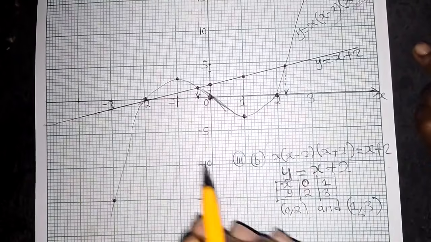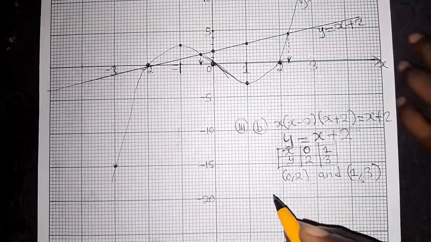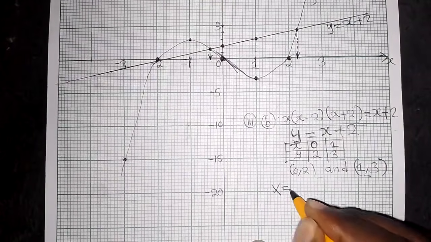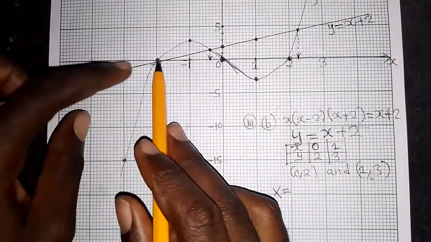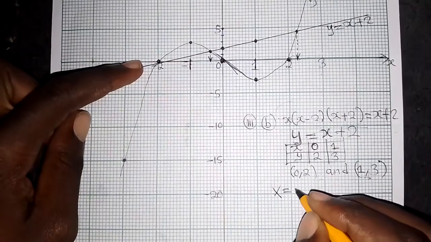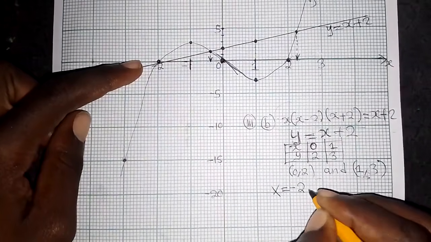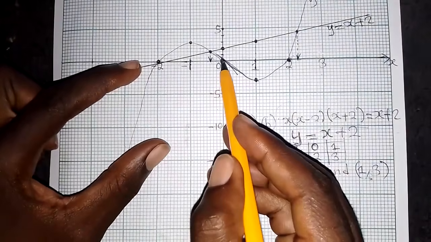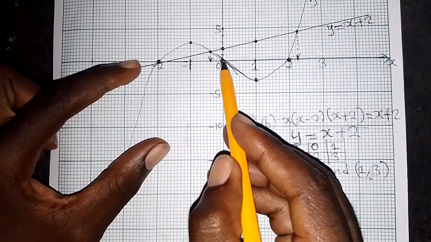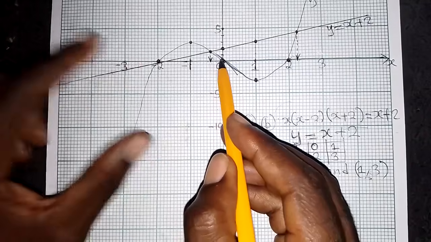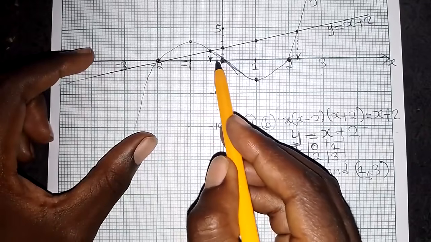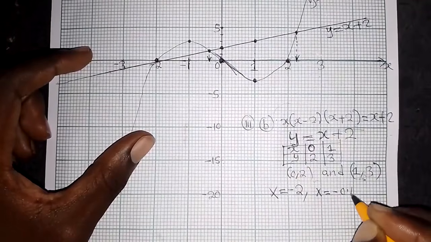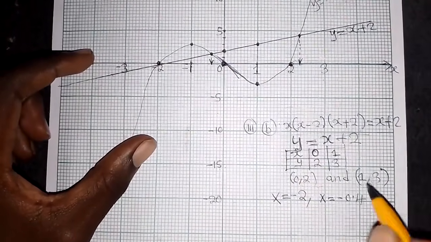So the answers for this are: x is equal to negative 2 there. One box is 0.1, because from here to there is 2.